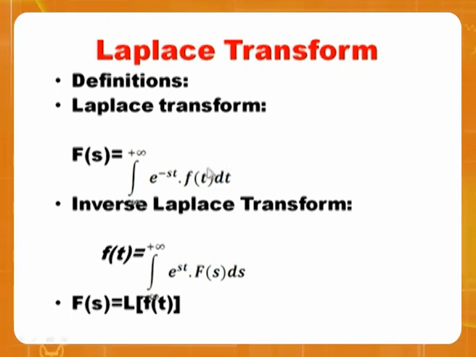When there is a dt here, you are substituting for t, therefore t is eliminated, and the total will be left in terms of s. Similarly, when you go for inverse Laplace transform, ds is here, that means you are substituting for s. When you substitute for s, s is eliminated and the answer should be in terms of time. Very simple thought. First understand mathematics, then you can understand anything.